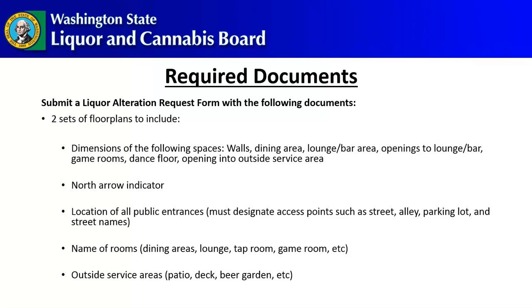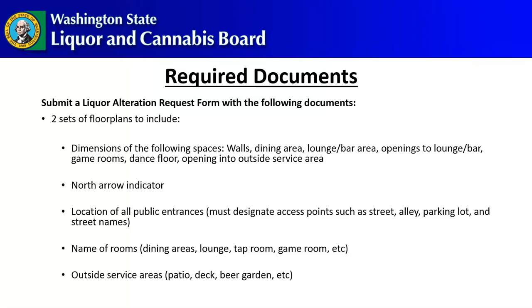We also need the location of all public entrances into your premises. Make sure that you designate access points such as streets, alleyways, parking lots, and street names. Make sure that you are labeling each area on your floor plan. We need to know where the dining areas are, as well as the lounge, tap rooms, game rooms, restrooms, offices, storage areas.